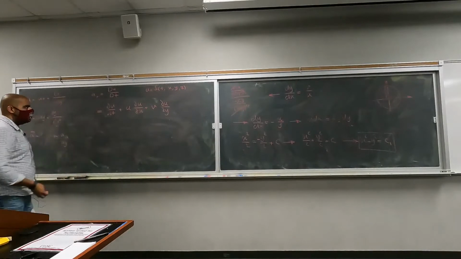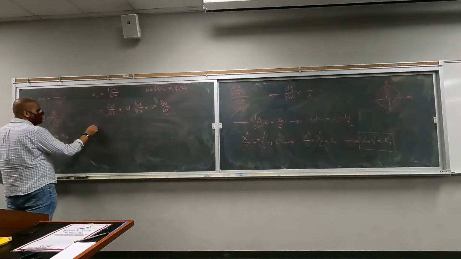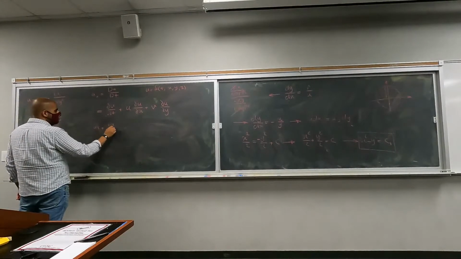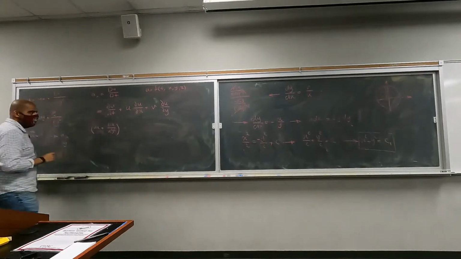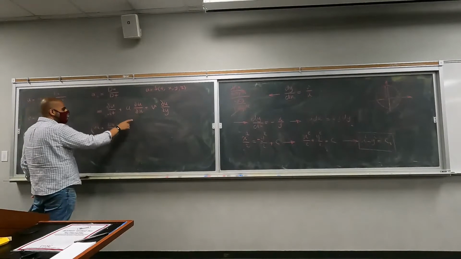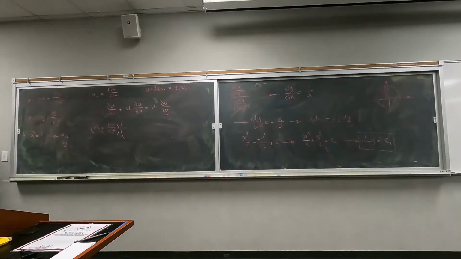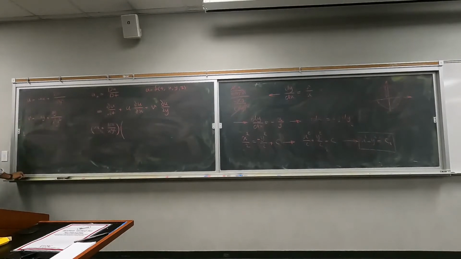Let's plug them in. First, we have u, so ax plus bx divided by x squared y squared, multiplied by the derivative of u with respect to x. What is the derivative of u with respect to x? Let me write it here.